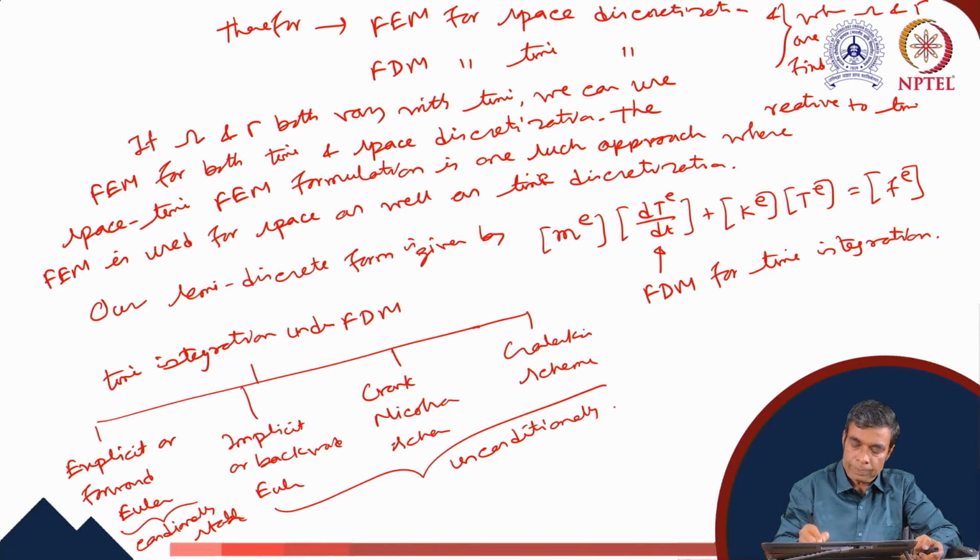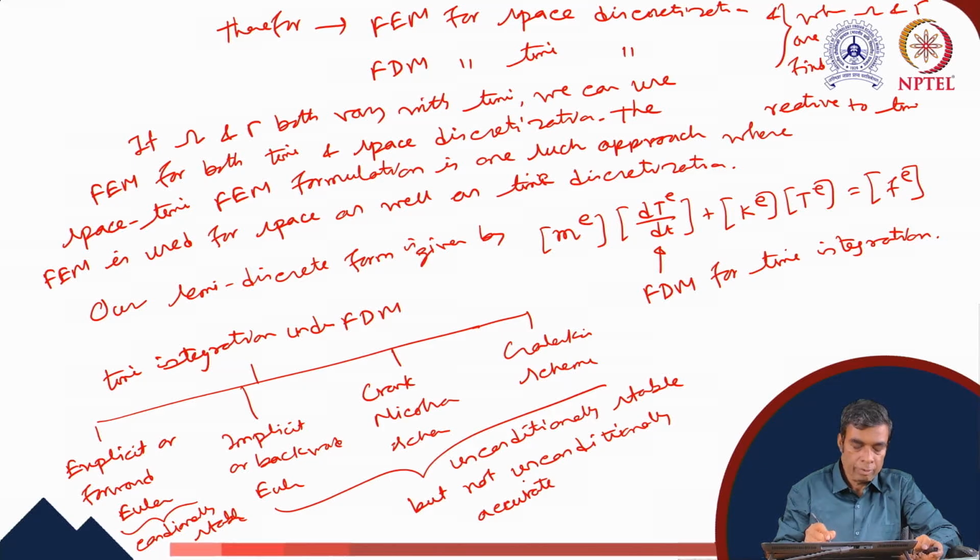Unconditionally stable but not unconditionally accurate. For the explicit scheme, the order of accuracy is first order, the order of the time step size. For the implicit scheme, the order of accuracy is also first order, order of delta t.